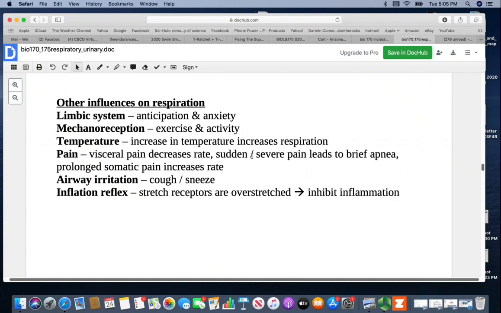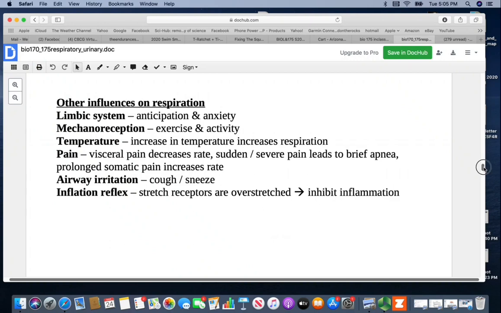Airway irritation can also influence respiration. This allows you to alter your breathing pattern so you can cough or sneeze. And then we also have an inflation reflex. We have stretch receptors in the thorax that when they are overstretched, they'll actually work to inhibit inflammation.